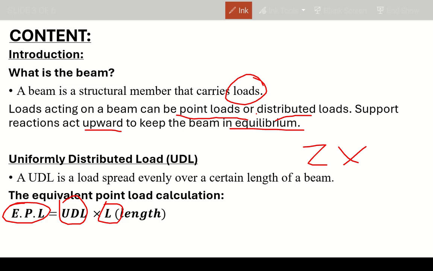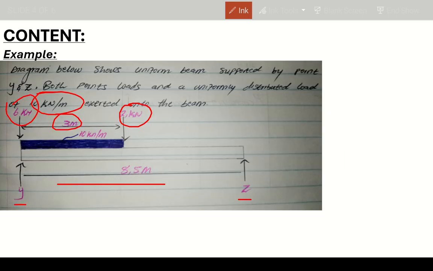Therefore you find your answer. So let's calculate here.